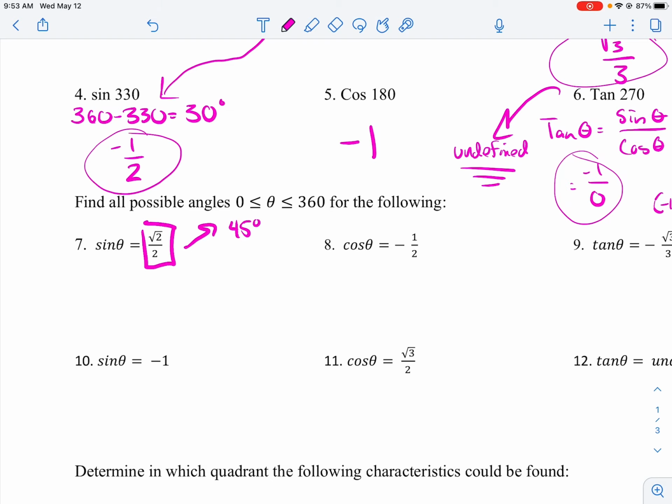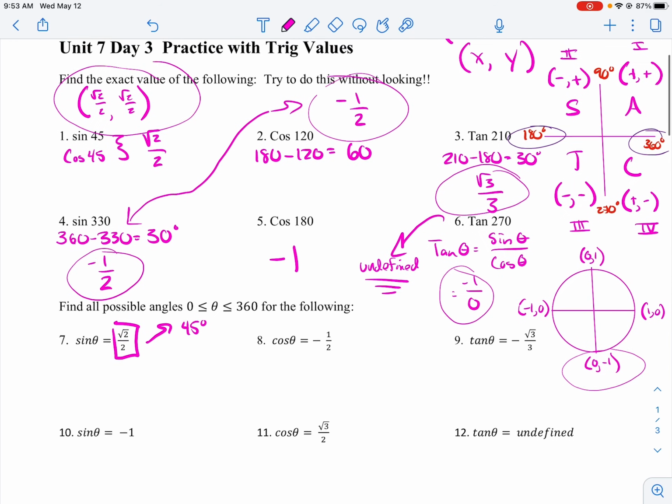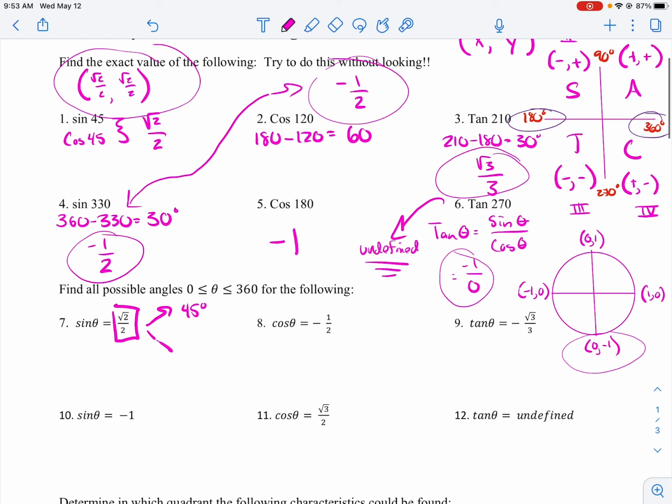Then we have to think about where else our sine value is positive. That would be the second quadrant. So the reference angle in the second quadrant for 45 degrees is 135 degrees.